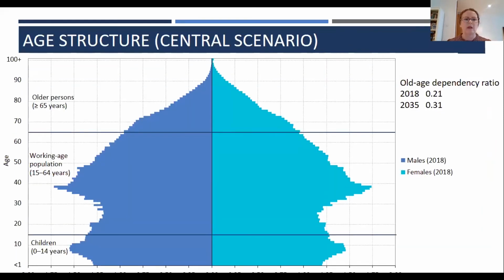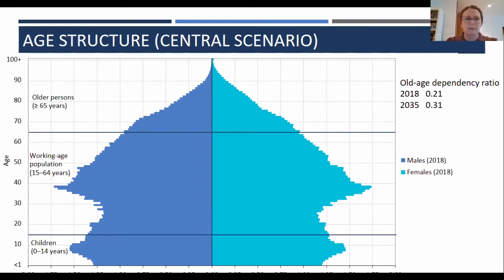So this is a population pyramid which shows the age structure of the population, with females on the right part of the graph in green, and males on the left. And the bars in the graph show the percentage of the population at each year of age, and year of age is on the vertical axis.